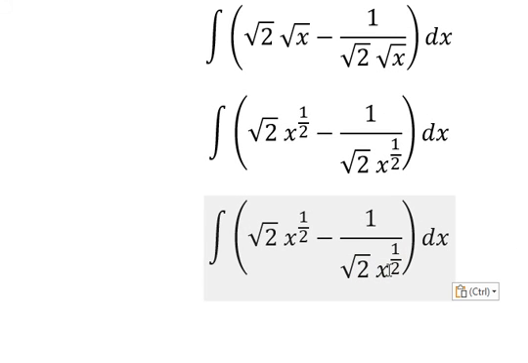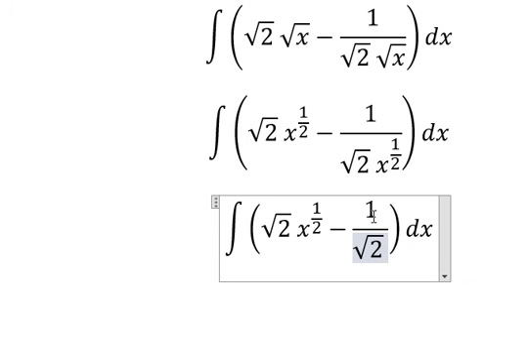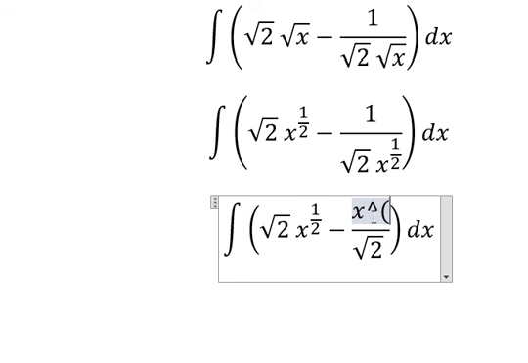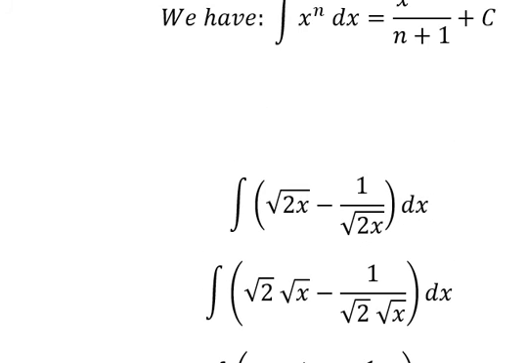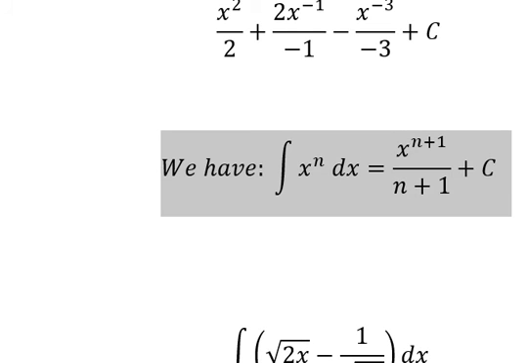So I will put this one go to numerator. So we have s to the power of negative 1 over 2. And now we apply the same formula in here.